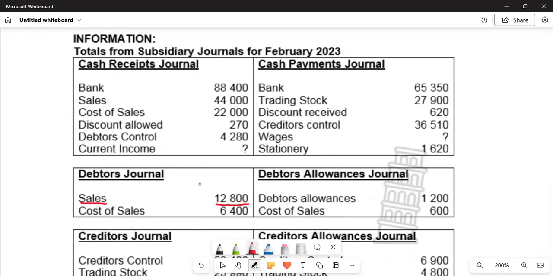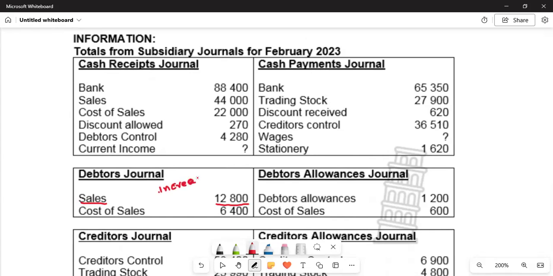It means that customers bought on credit, so they owe the business, they owe us more. As the business, they owe us more, so that is going to increase our debit side.